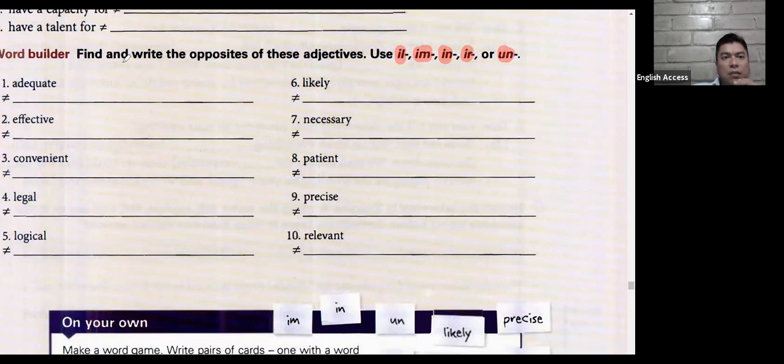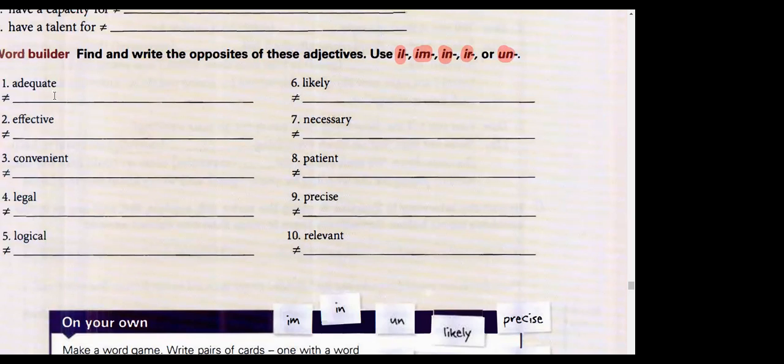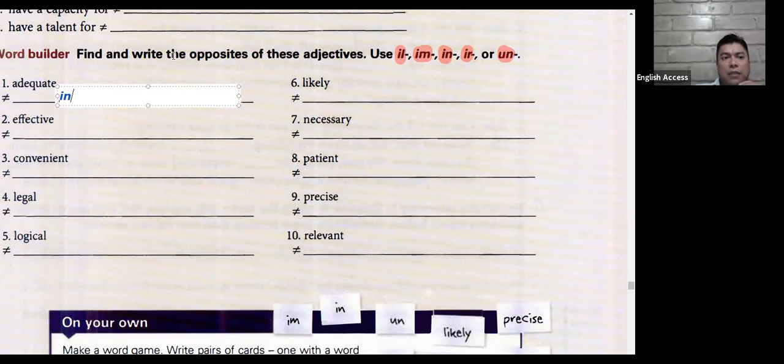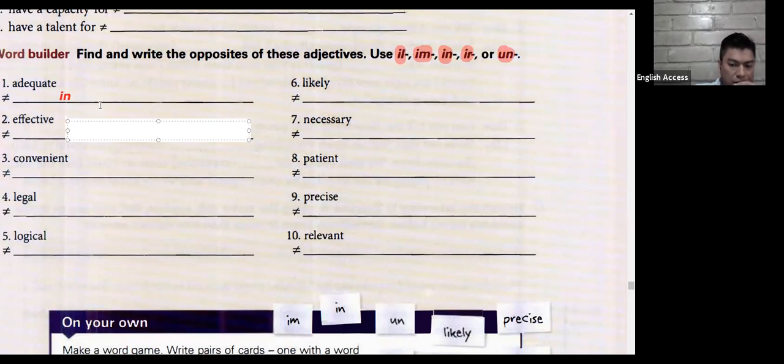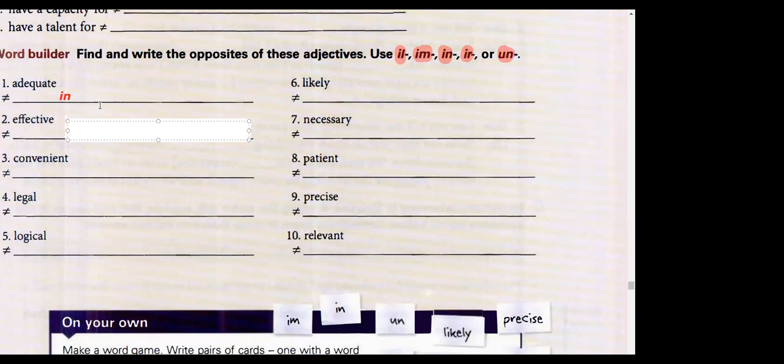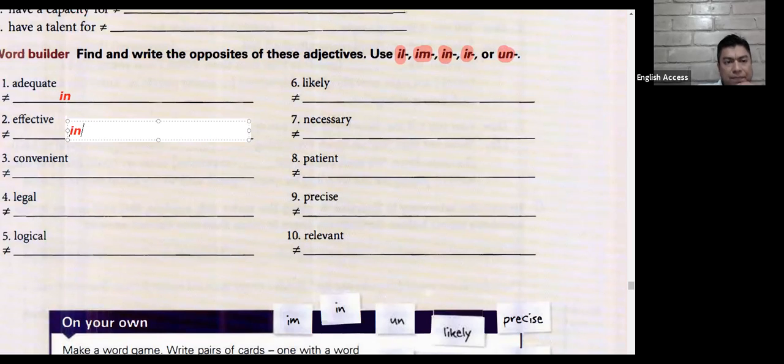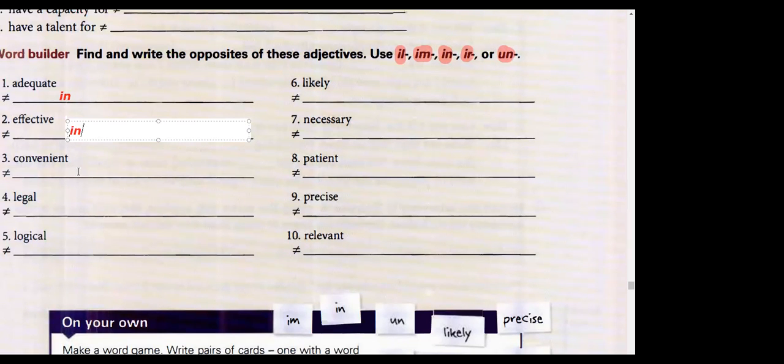Number 1. What do you have? Inadequate. Yes, inadequate. I'm going to put it in red. Number 2. Ineffective. Ineffective is in, not on. I wrote on. Yeah, ineffective. Okay. Thank you. Number 3. Inconvenient.